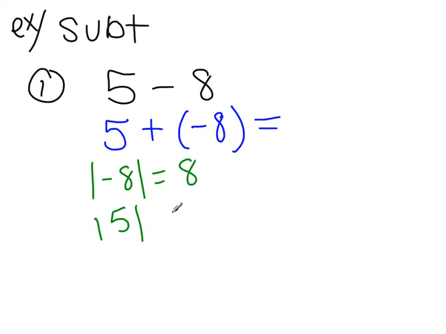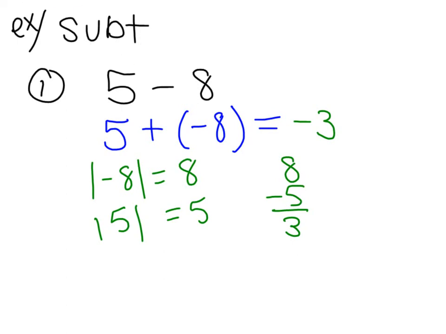Whoever has the bigger absolute value, we take it, subtract the smaller, and keep the sign of the bigger absolute value. So it was negative, so our answer should be negative 3. And it flows a little bit nicer. Or you could just count on your fingers, 5 minus 8, not sure how you do it, but have at it. It doesn't make a difference how you go about it.